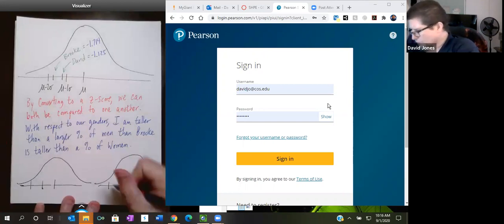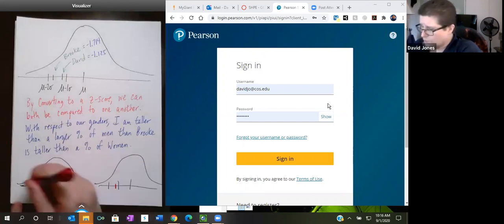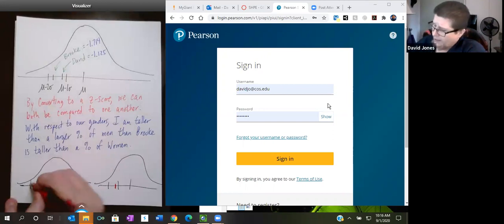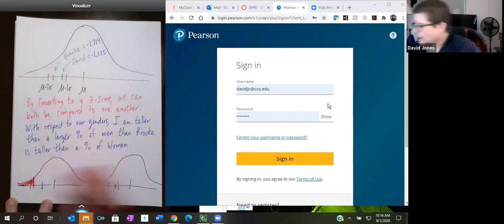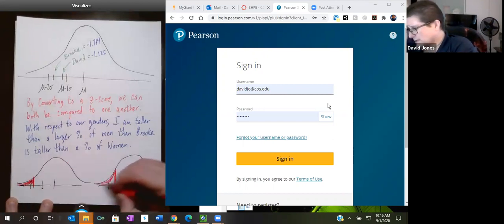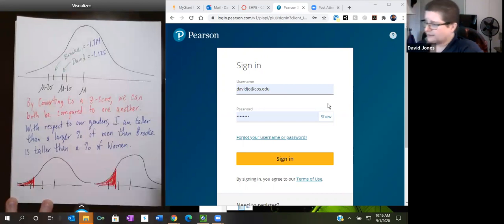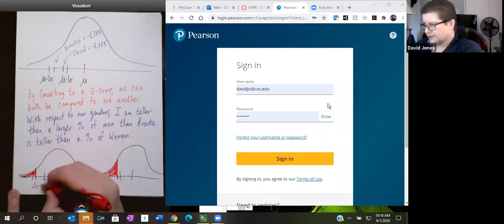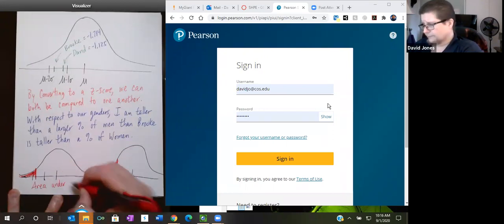So I'm closer to the 1, she's closer to the 2. If I draw a solid line and fill in this area over here, and draw a solid line going up and fill in this area over here, the area underneath the graph, the area under the graph is bigger for me.